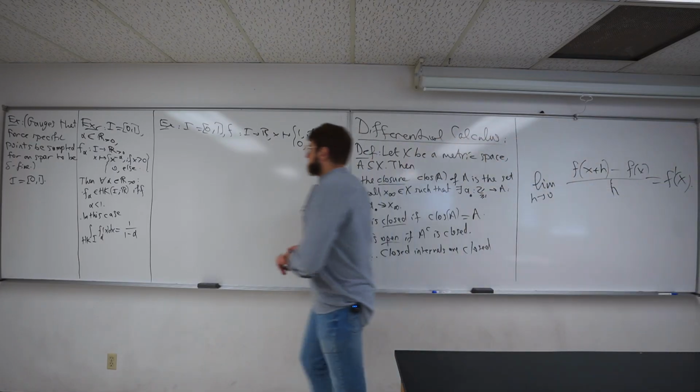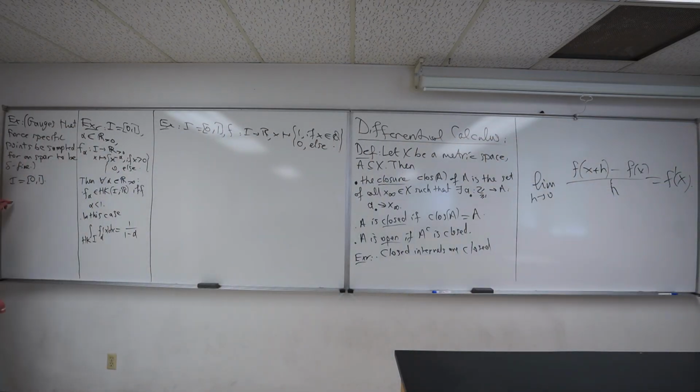Consider this. This is the diagonal, as usual. Say I want to have something like this. Delta should be so that for any sampled partition that is delta fine, 0 has to be sampled.